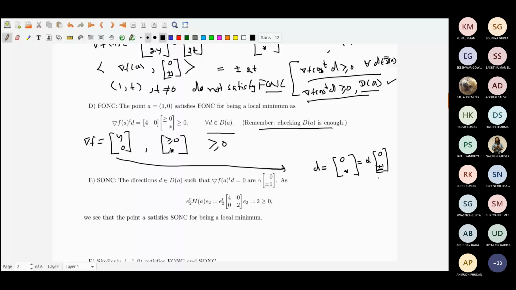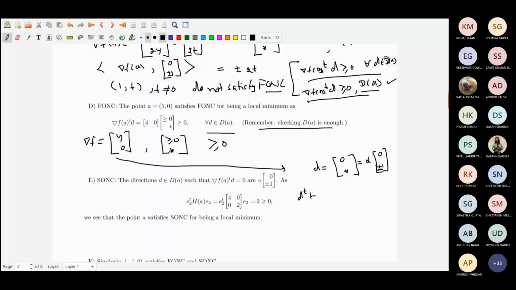In any case, for all those directions, you should have D transpose HAD greater than or equal to 0. Do we have that?